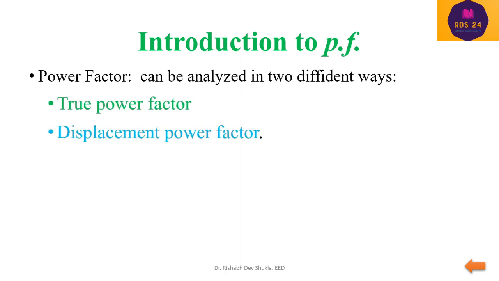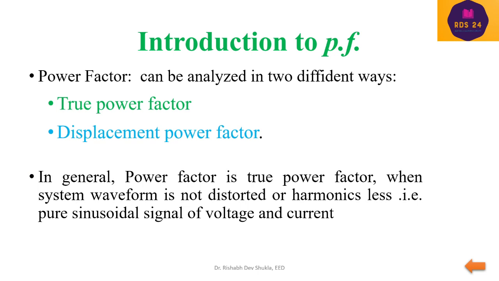Power factor can be analyzed in two different ways. The first is the true power factor or total power factor, and the second is the displacement power factor. In general, the power factor is the true power factor or total power factor when the system waveform is not distorted or has fewer harmonics.